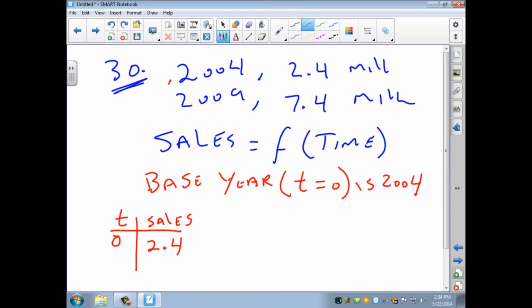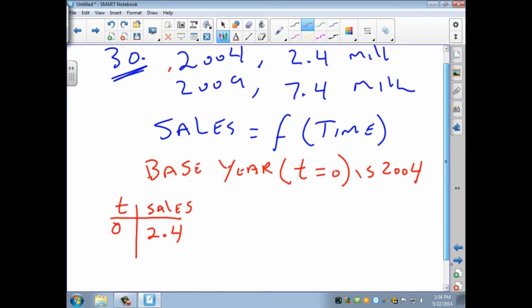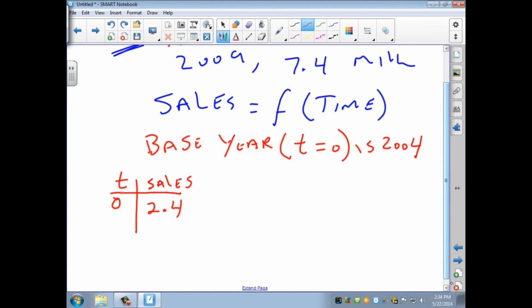Okay? So for 2004, if t is equal to 0, what would it be for 2009? Another point we have information about. For 2009, 2004 is 0, 2005 would be 1, 2006 would be 2, 2007 would be 3, 2008 would be 4, 2009 would be 5, right?